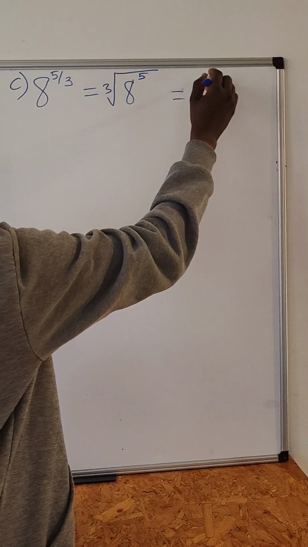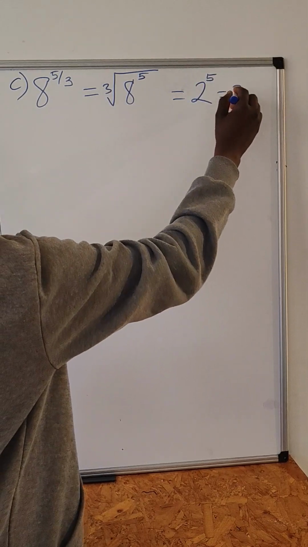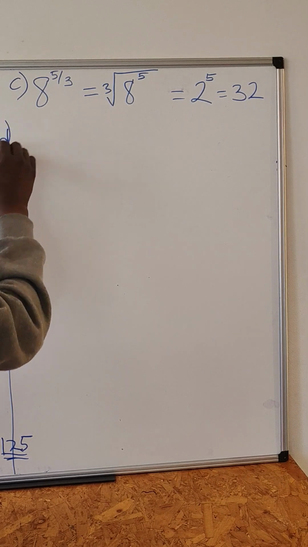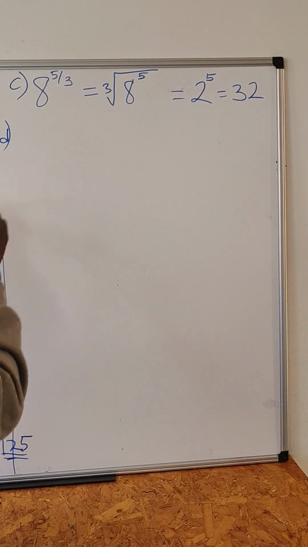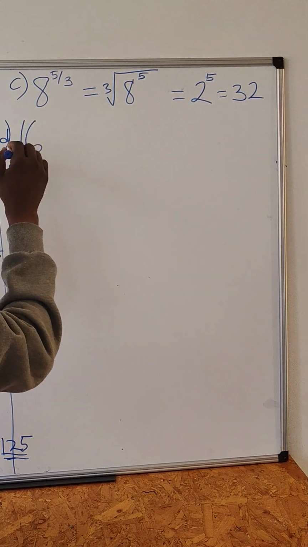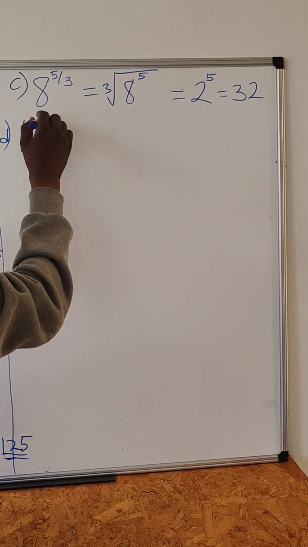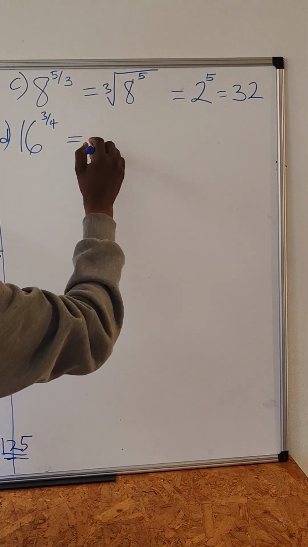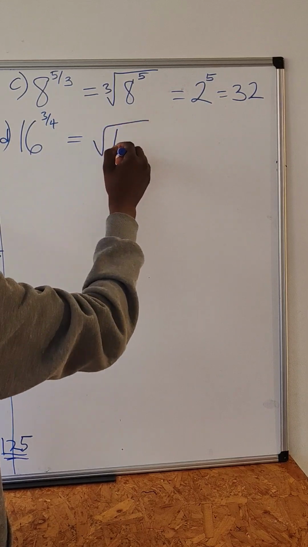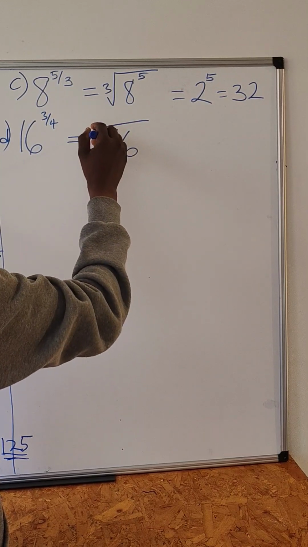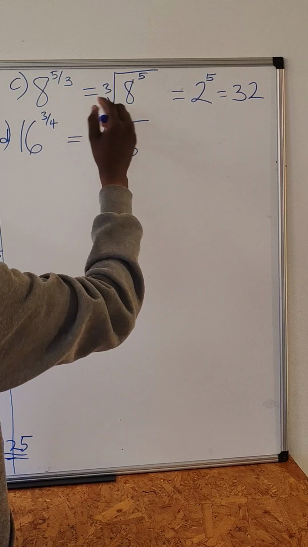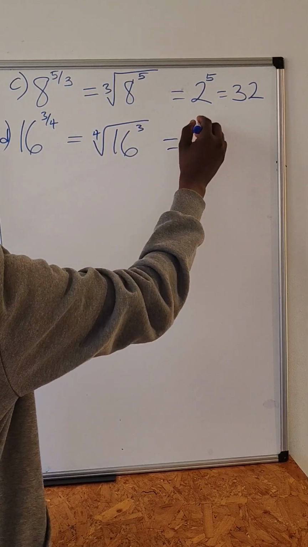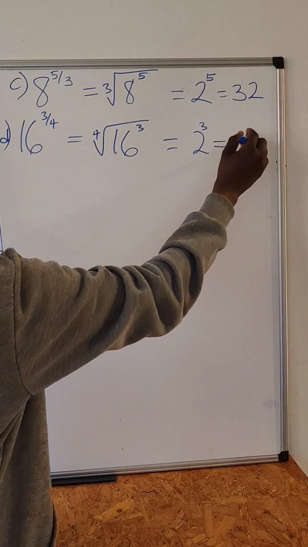So 2 raised to power 5 gives 32. The fourth one is 16 raised to power 3 divided by 4, which by the root law gives the fourth root of 16 raised to power 3. The fourth root of 16 is 2, so 2 raised to power 3 gives 8.